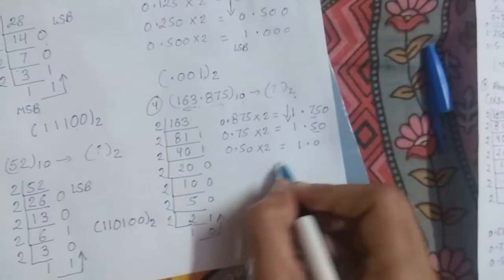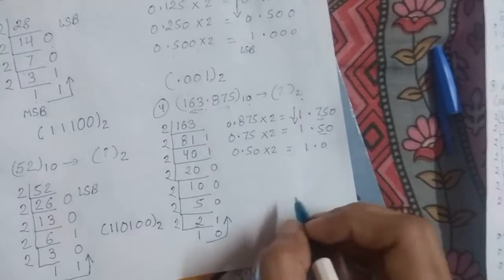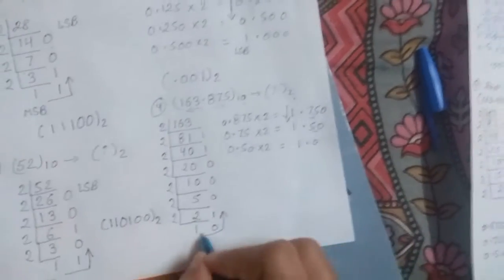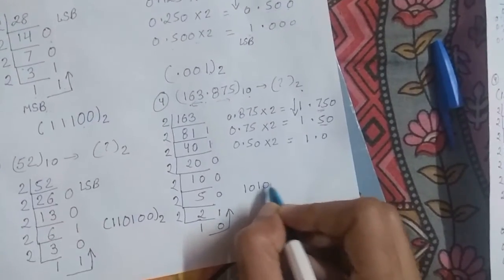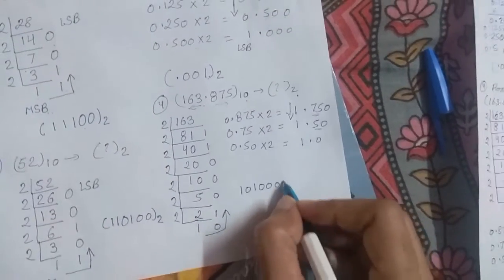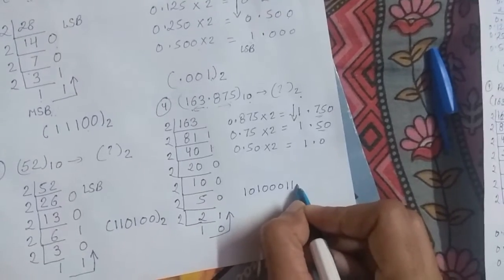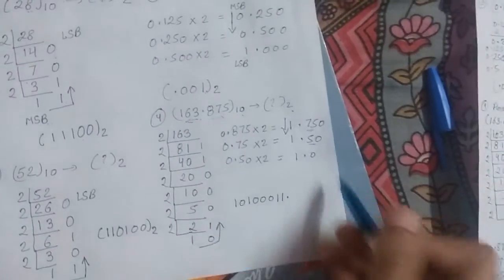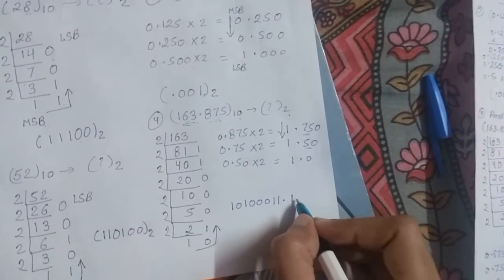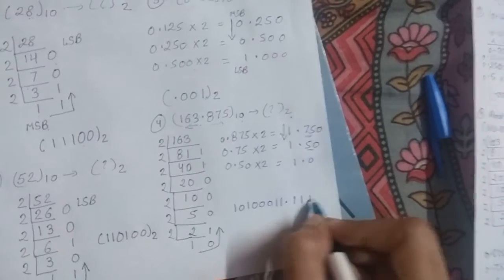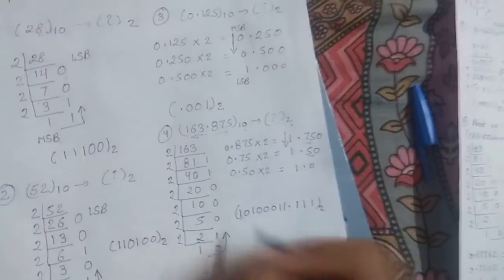I'll write from top to bottom. This will give 111. So when we combine both, first we write the integer number, 10100011, then put the decimal point here, then write the fractional part, 111, in the form of binary. So this is your floating number.